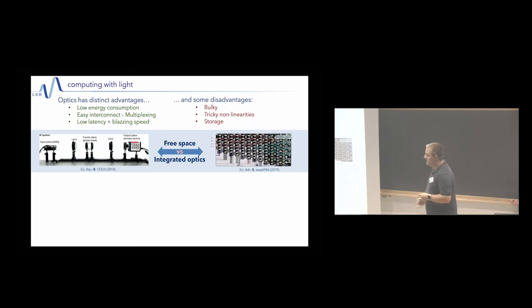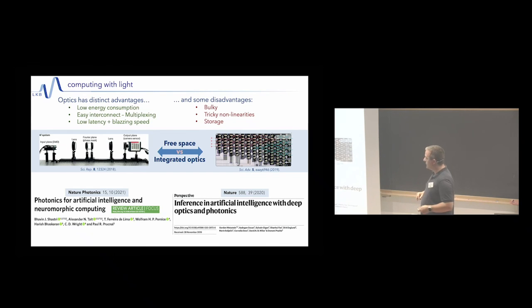Still, there are many approaches to optical neuromorphic matrix multiplication and computing with light, and I think they really classify into either free space or integrated optics approaches. There is a lot of activity recently. I just want to point out these two reviews from last year and the end of the year before about using optics for inference and machine learning, if you're interested in the topic.